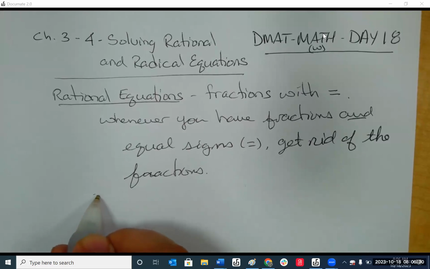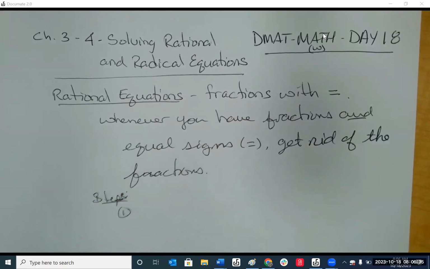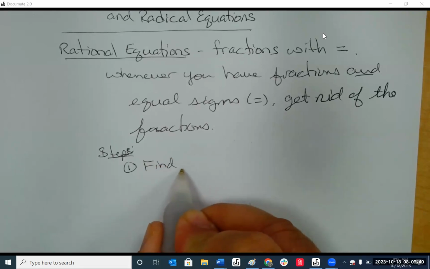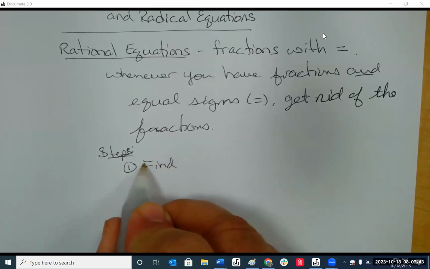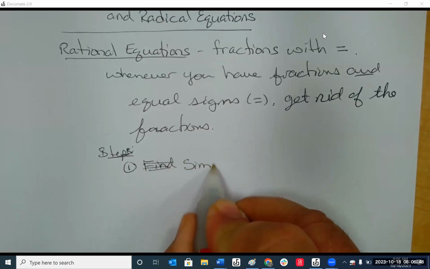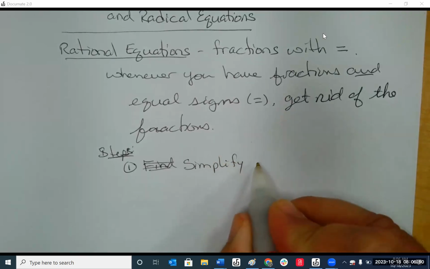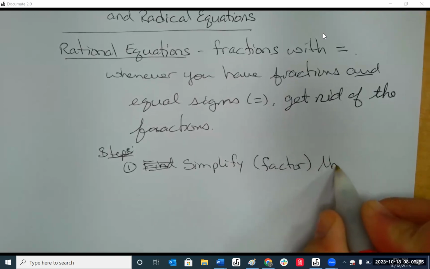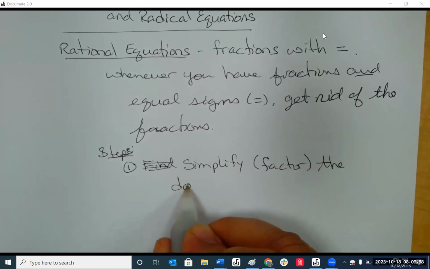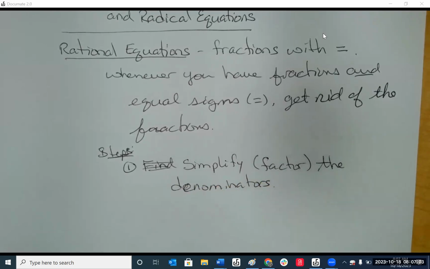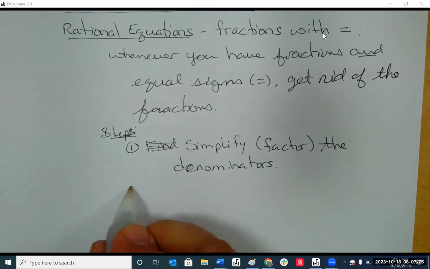And those are the 5 steps I've always used. The first step, actually, in this case, simplify, which I mean, factor the denominators. Get them as simple as possible.